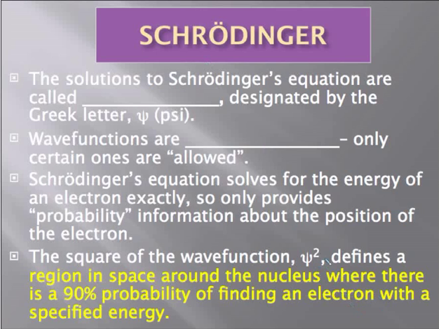So let's start with a little bit more about Schrodinger. The solutions to his equation are called wave functions, so a function that is based on wave mathematics. We designate it by the Greek letter psi. Now, wave functions are called quantized. We've used that word a few times already. It means only certain discrete ones are allowed.